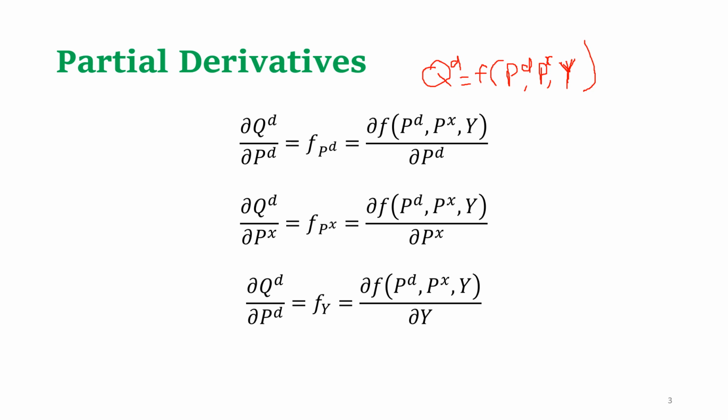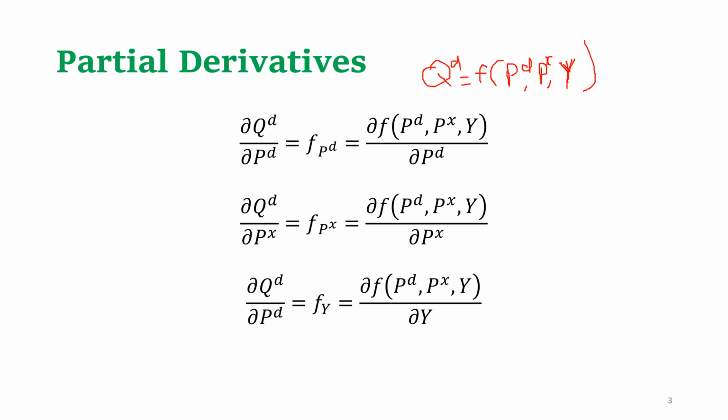Now, remember, when we are differentiating here with respect to PX, we are holding what constant? The price of the commodity and then income constant.